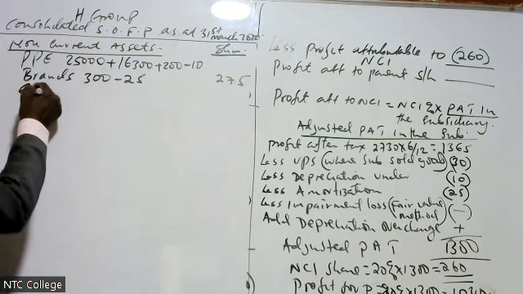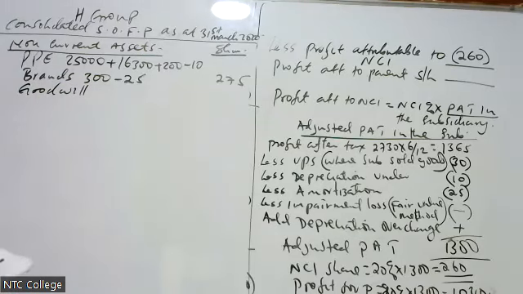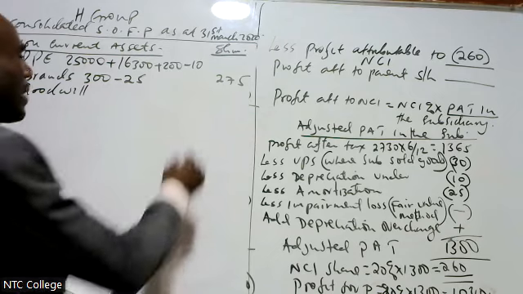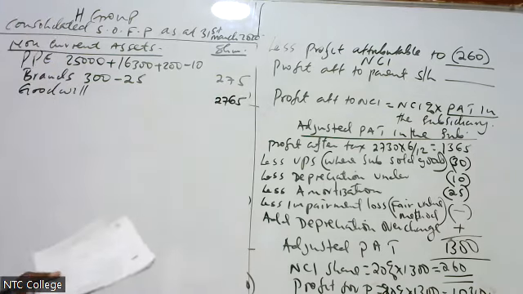Then I come to goodwill. Goodwill was it 27 something? 27, was it 2765? I don't remember very well.